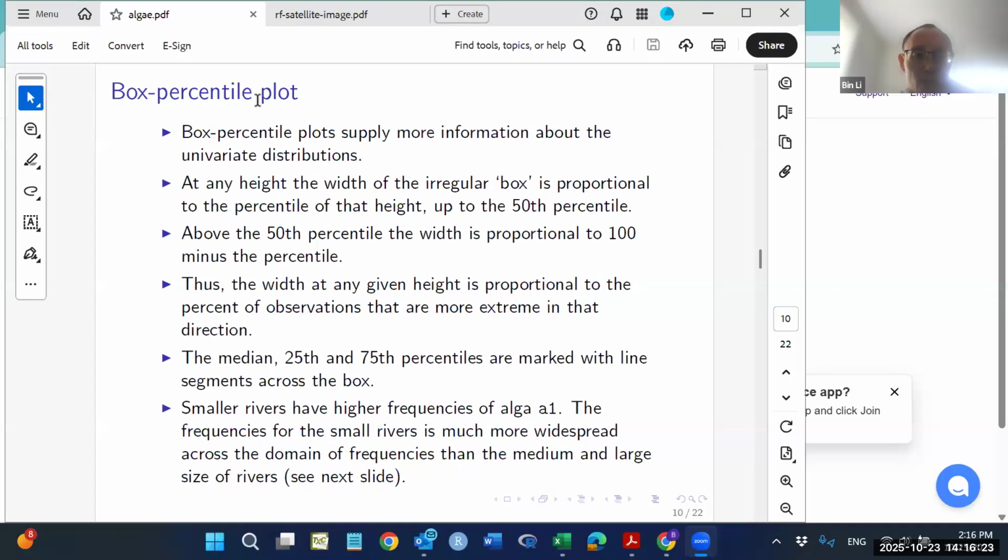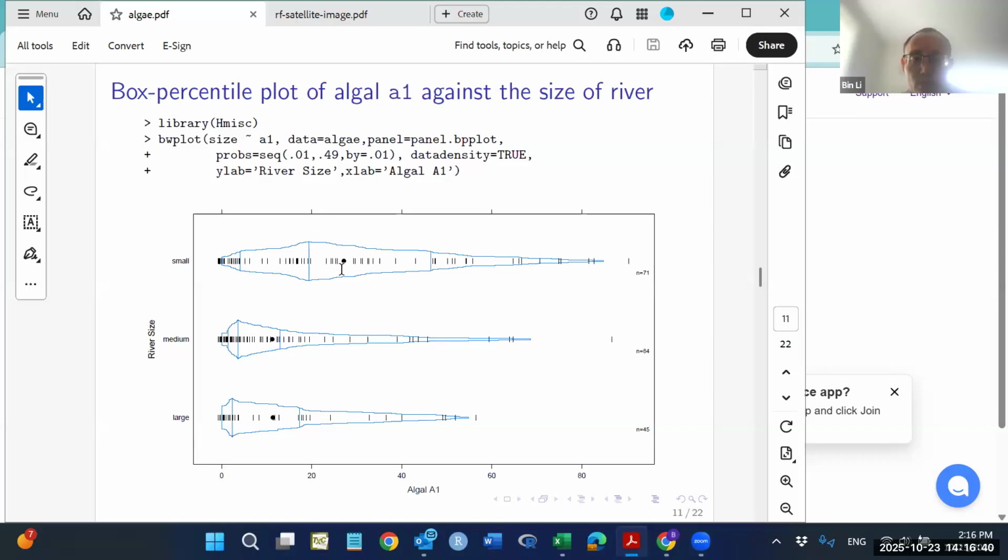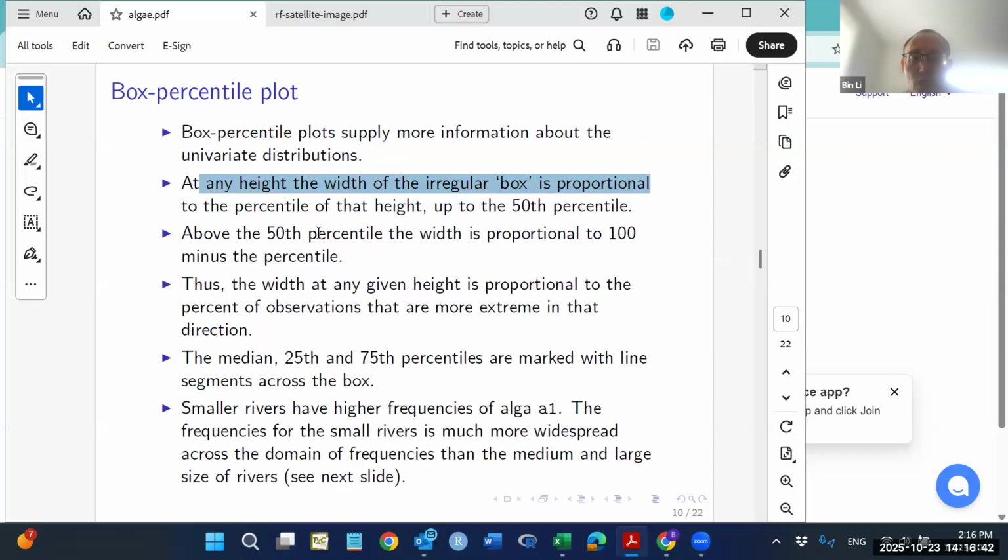So this is another approach called the box percentile plot. These plots can supply some more additional information about the univariate distribution.